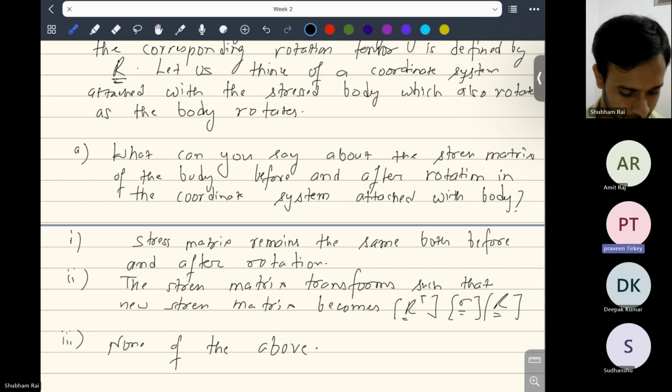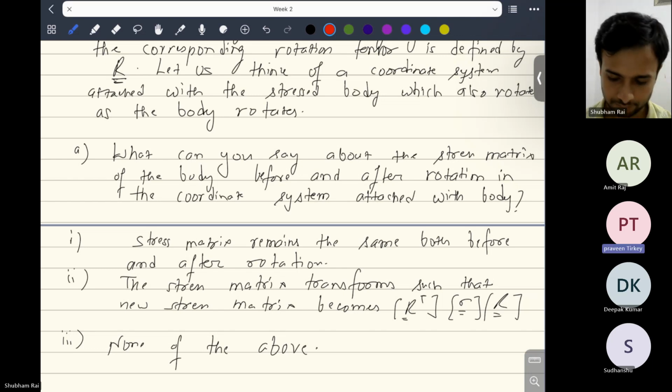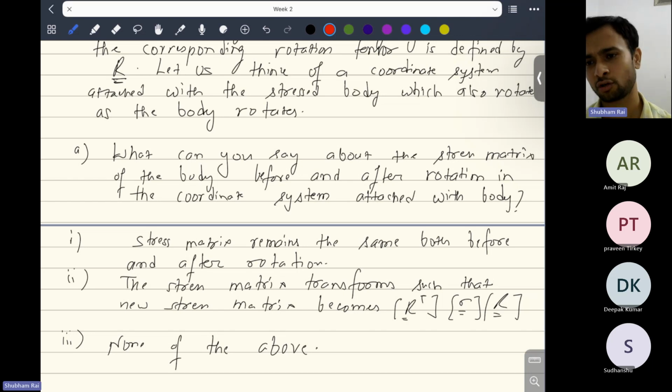Sir, I am trying. Stress matrix remains the same both before and after rotation. Why? Why is it so? Sir, stress components are all complementary to each other. That's why. No, they are complementary, but only the off diagonal terms will be the same.